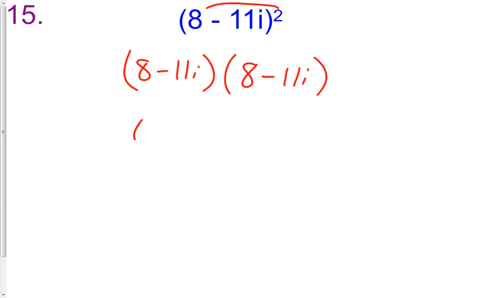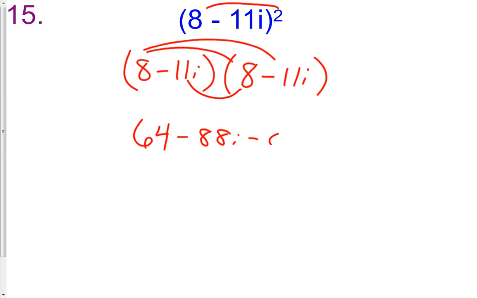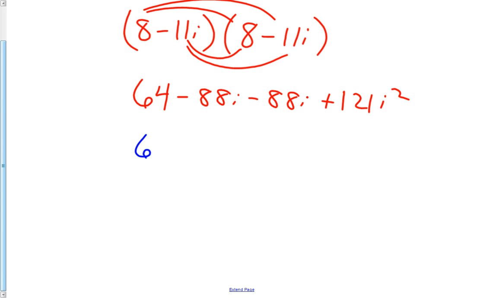So 8 times 8 is 64. Outside term is a minus 88i. Inside term is a minus 88i. And the last times the last is a positive 121i squared. So now let's combine like terms. 64, a negative 88i minus 88i is a negative 176i.